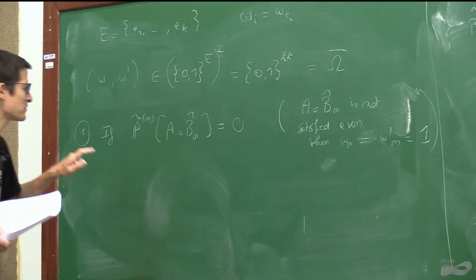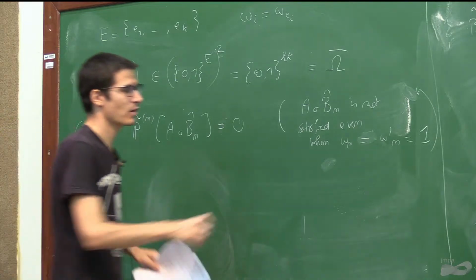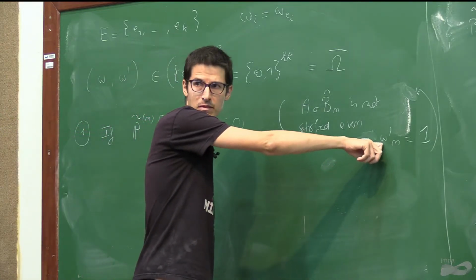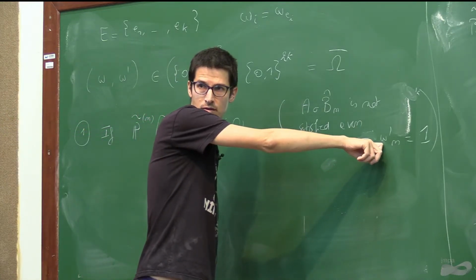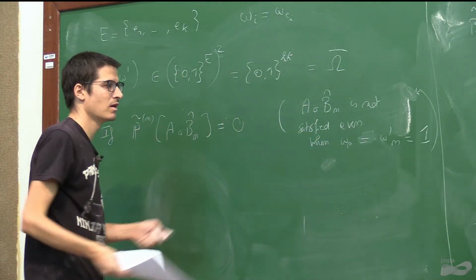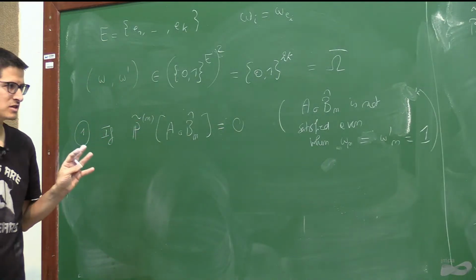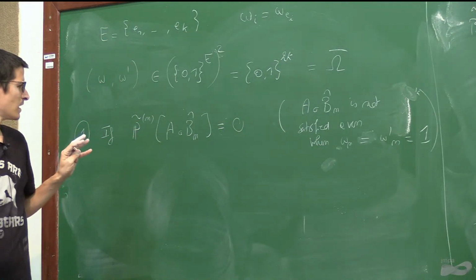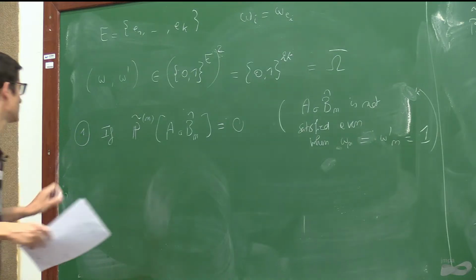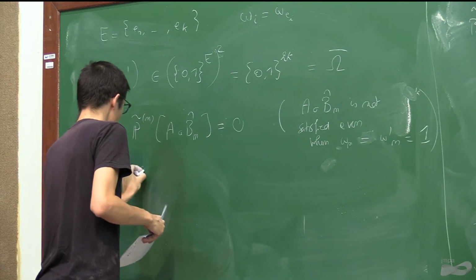In fact, if you remember the definition, these things don't care about omega prime. Okay, so it's not satisfied when omega n is open. Okay, when the nth edge is open. So in that case, there is nothing to prove.